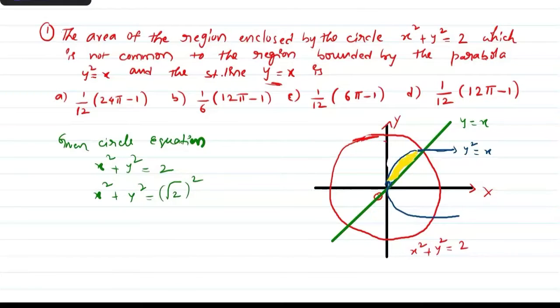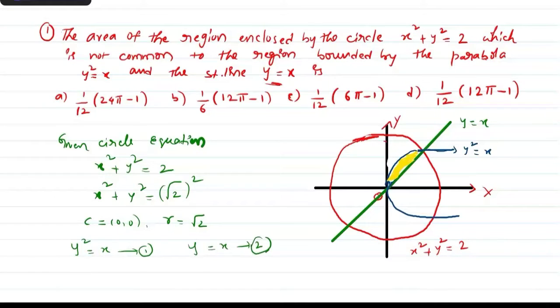So we can say here the center C is (0, 0) and the radius is root 2. So the r value is root 2 here, right? Now what is the parabola equation? He has given y square is equal to x. Let's take this as equation number 1, and the line equation is y is equal to x. Take it as equation number 2.